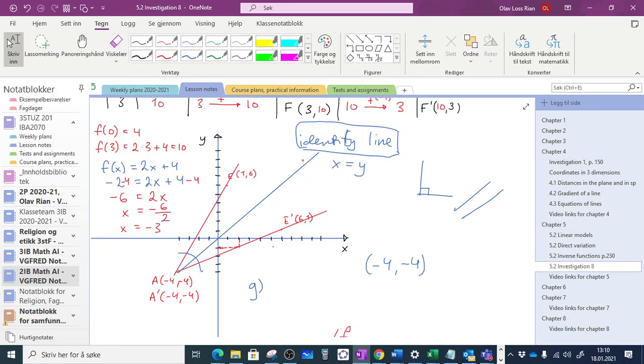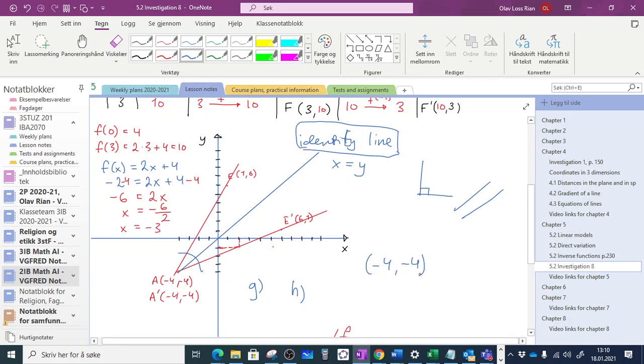Question H. Explain how you would draw the graph of f minus 1 if you are given the graph of f. That's more of a general question, so it's not specific to anything here.